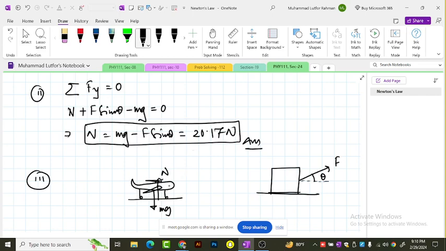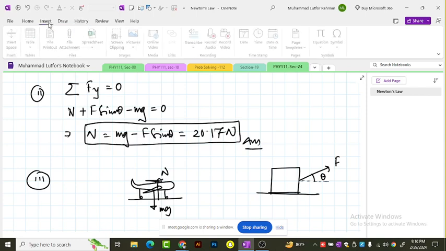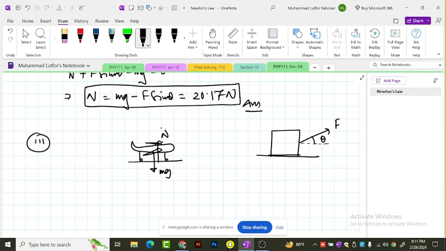Now, how does the airplane take off from the surface? This N is huge because the weight of this plane is very high. The normal reaction force is very high over here. Then how does it minimize this normal reaction force?